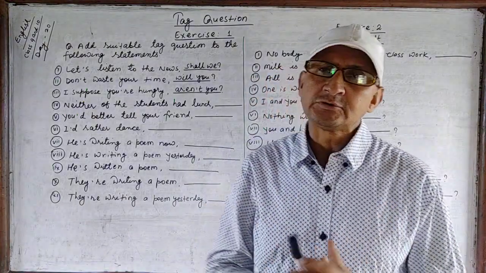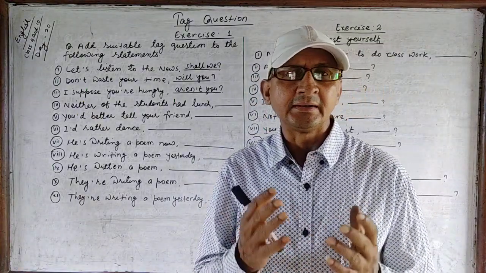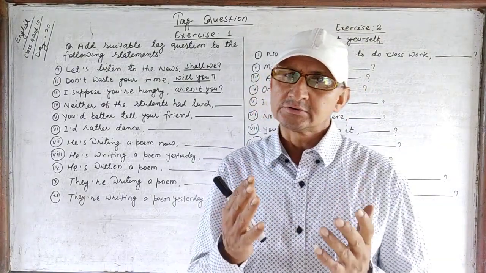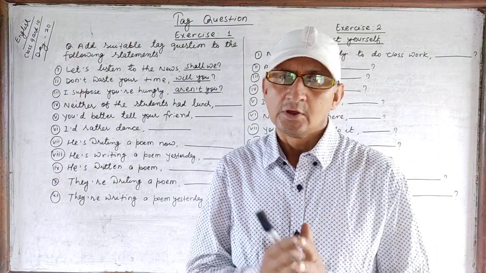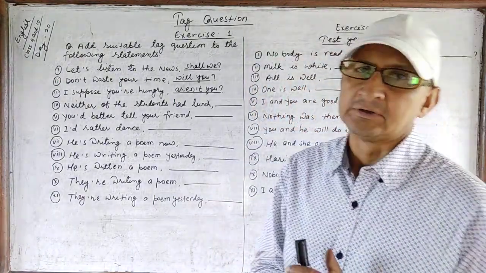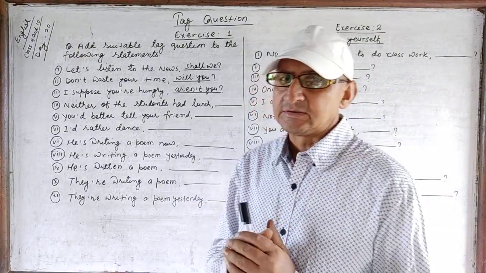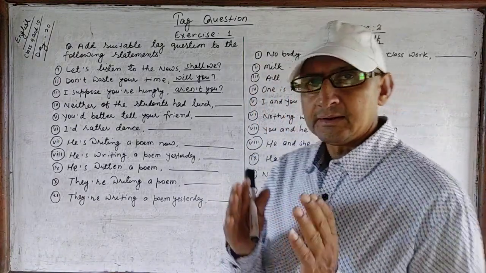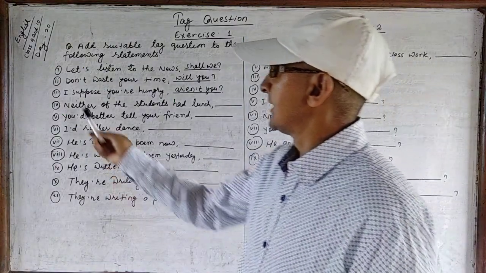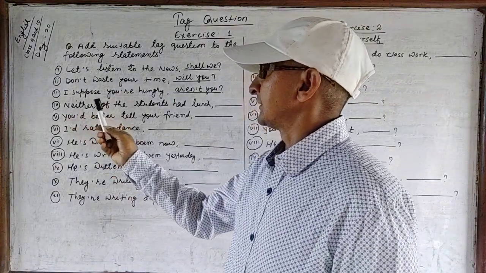A sentence having two clauses beginning with I think or I don't think or I suppose, and similar expressions, takes a tag according to the later clause. There are two clauses you can see here. I suppose is one clause.